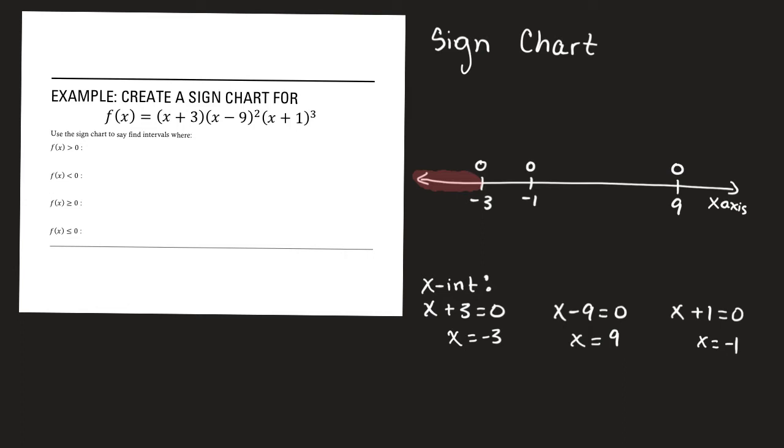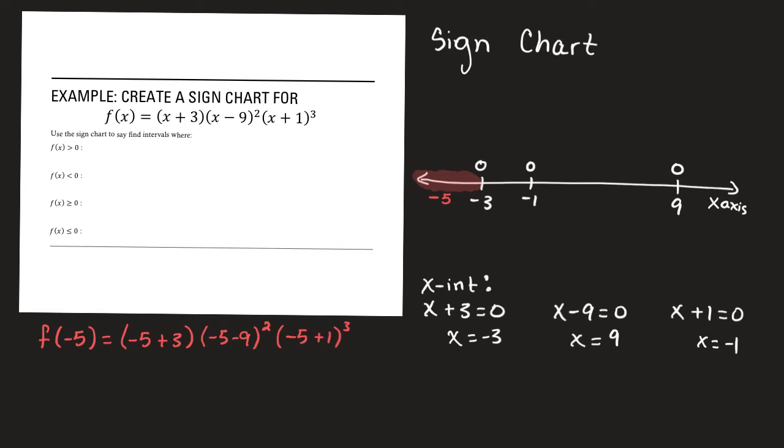So let's say, for instance, I want to use the value -5. -5 is my test point, and to test this, I'm going to plug it into the function. By plugging this into the function, I'm going to be able to determine whether the sign is positive, negative, or if the value is undefined. So I'm going to first plug in my -5 to the function.